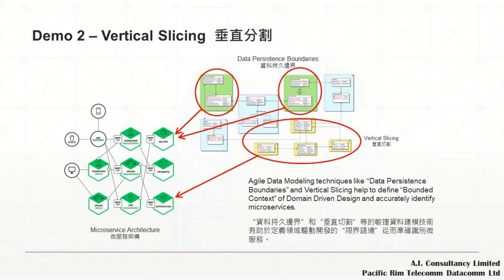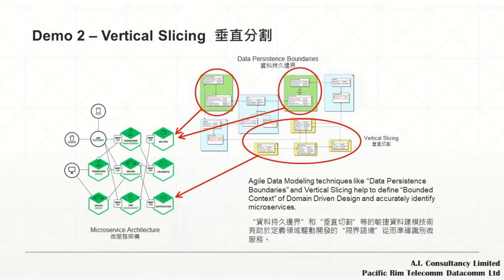In demo 2, I'm going to show you how to vertically slice a data model into submodels using subject areas in Data Modeler. The OMG Property and Casualty model we have just imported is already sliced into subdomains as shown in demo 1.